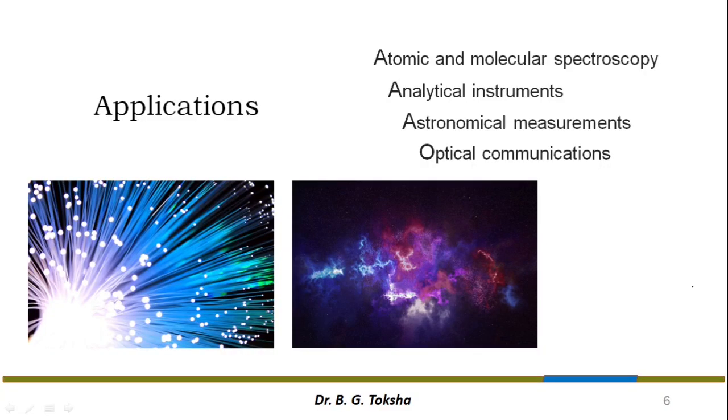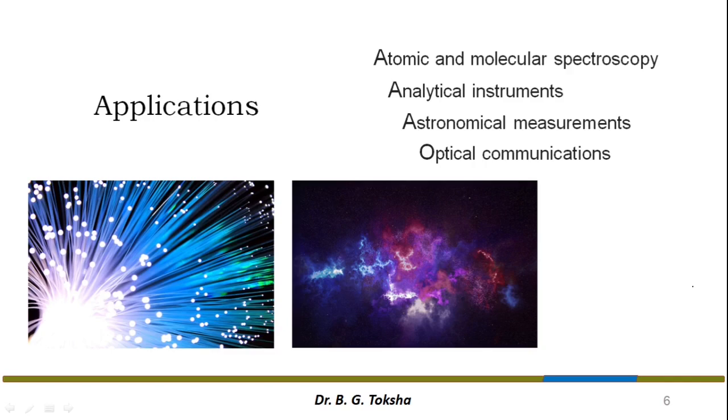The diffraction grating has many technological applications. It is used in atomic and molecular spectroscopy, wherein the wavelength and the intensity of the light can be measured by using monochromators and spectrographs to provide information about the atomic species. Diffraction grating is also employed in analytical instruments to study analysis and confirmation by selection of UV and IR wavelengths.